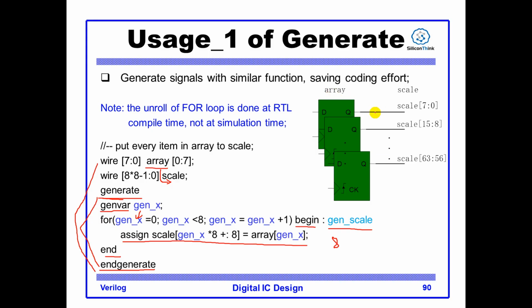So this is the relationship. This is an array. Each register represents an 8-bit signal. Then organize them together to make the scale.